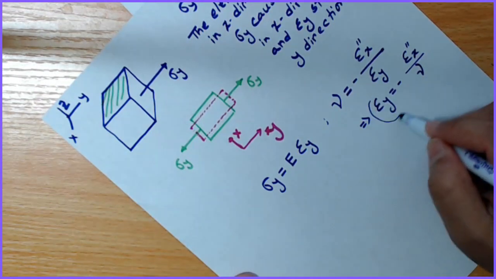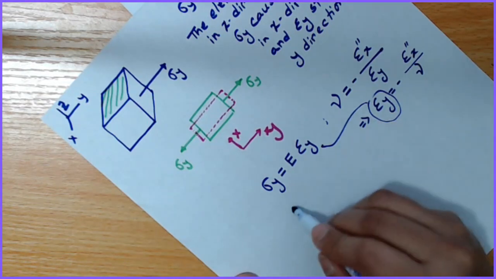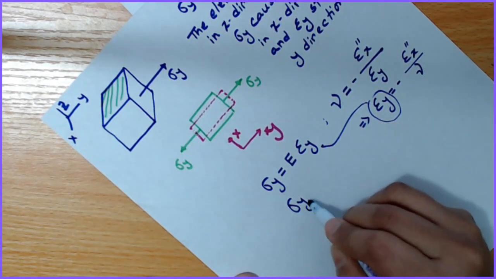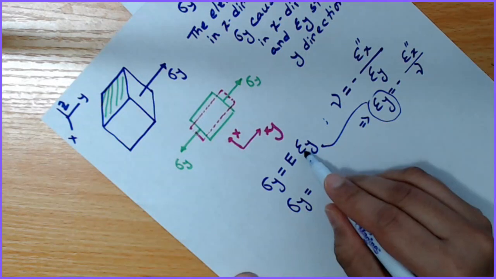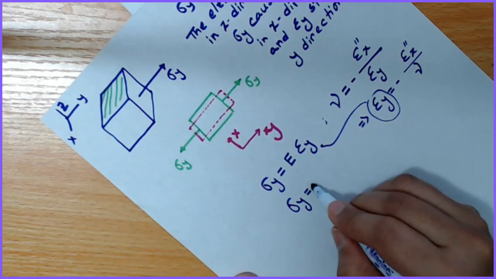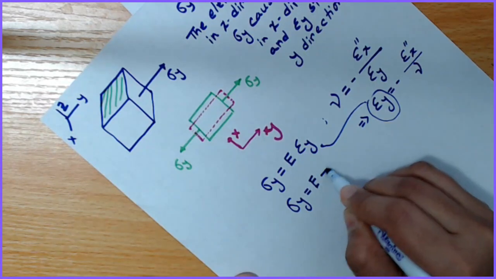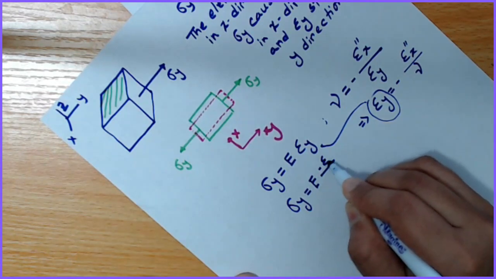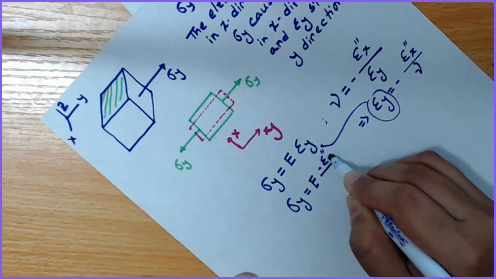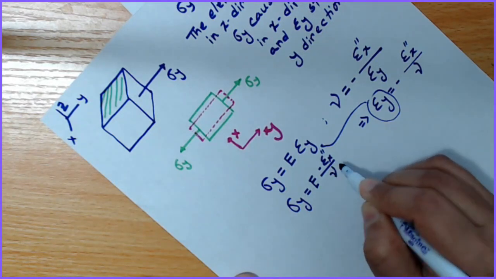Now if I plug epsilon y in here, sigma y is equal to E times minus epsilon double prime x by nu.